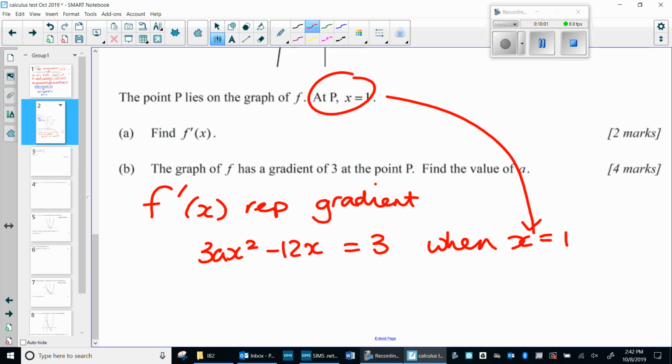You are blaming me because you're saying I didn't tell you it was the gradient. I've said it 400 times. Darling, the mere fact that we're going through something and you don't even have a pen in your hand. You said it, but it's not written, so write it.